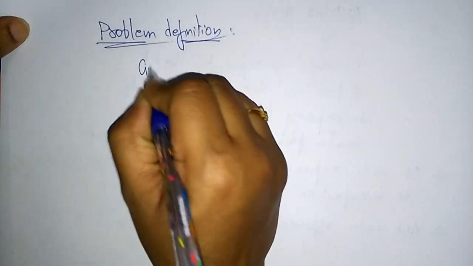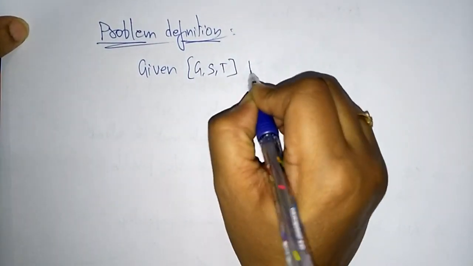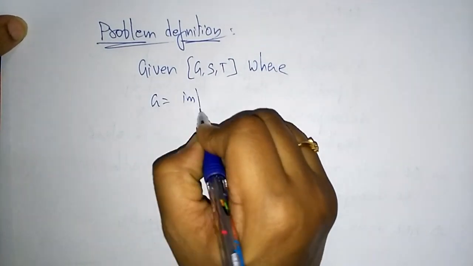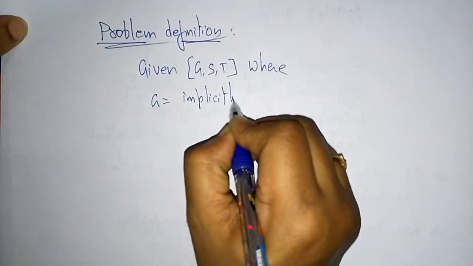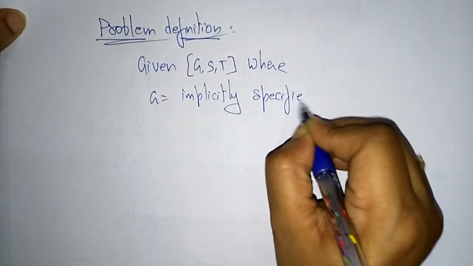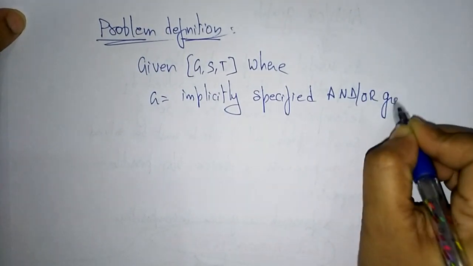Let us take a given graph G, S, T, where G is an implicitly specified AND or graph.